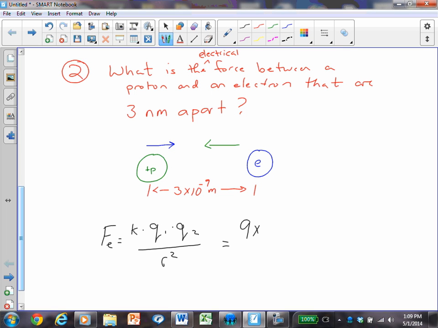9 times 10 to the 9 newtons times meters squared per coulomb squared. It's positive 9. Okay, now some of you made that mistake on your packet. You used negative 9. It's positive 9, right? What's the charge on a proton?